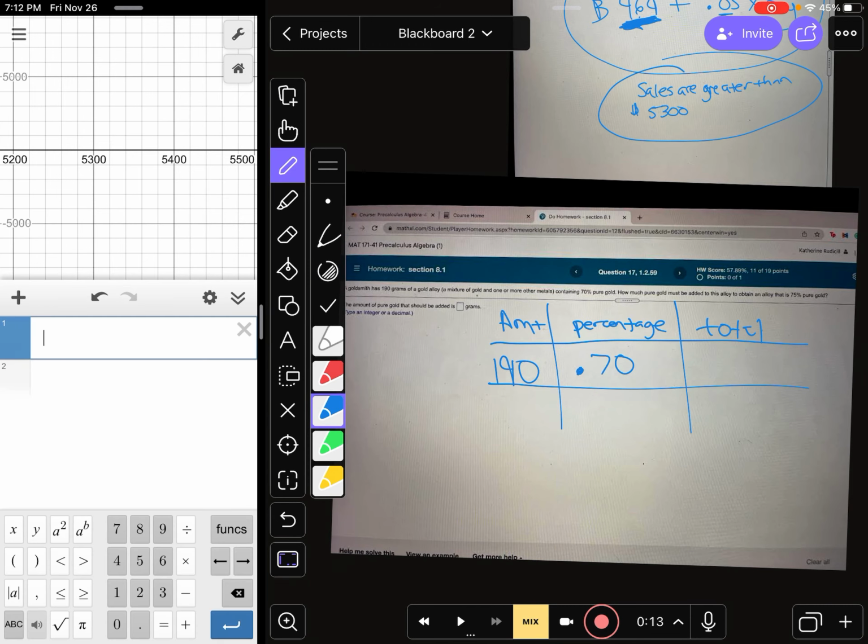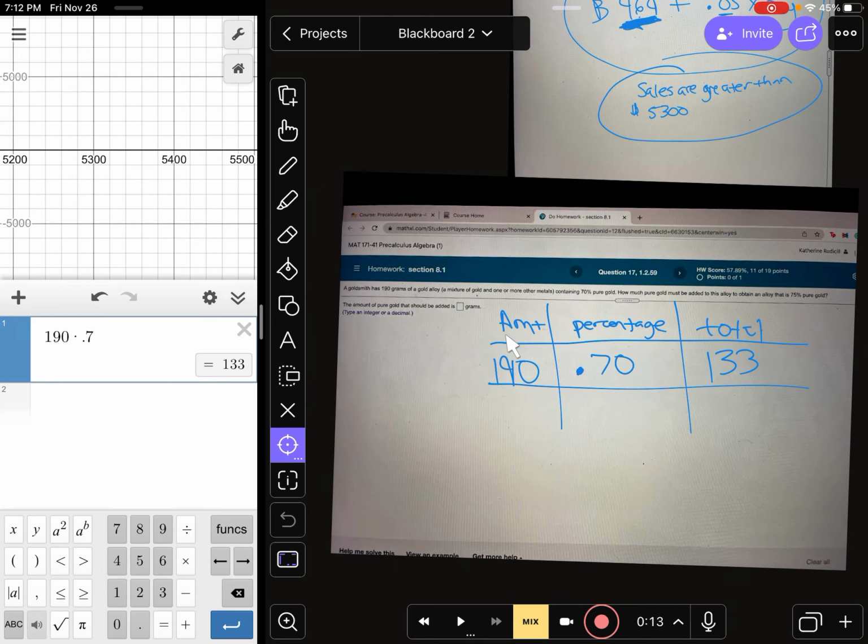And if I multiply those together, I get 190 times 0.7. That's 133. So let me show you what that table is showing you. This is the amount. This is the alloy. It's a mixture of gold and another metal. He has 190 grams of that. 70% of it's pure gold. So if I multiply them together, I have 133 grams of pure gold.